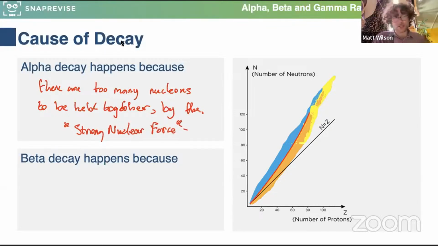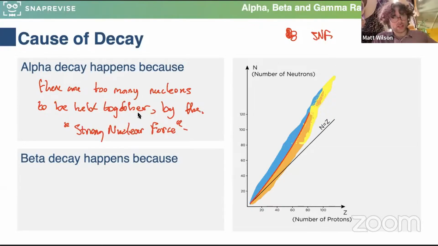Okay, so what is this? The strong nuclear force. This is the force that happens to keep nucleons together. You might not have thought about this before, but if you think about a simple atom or a simple nucleus of an atom, you've got protons and neutrons. In principle, why would they not all just drift apart? Well, it turns out there is a force called the strong nuclear force that holds them together, and you'll learn more about that in later sessions.